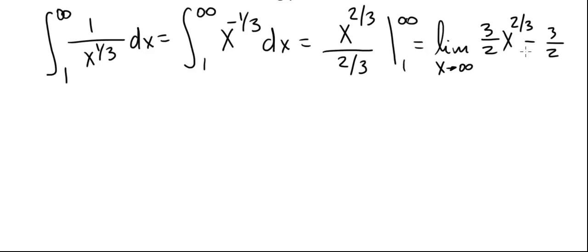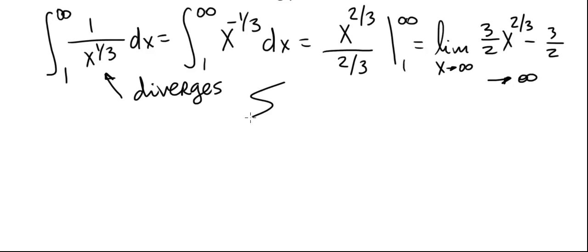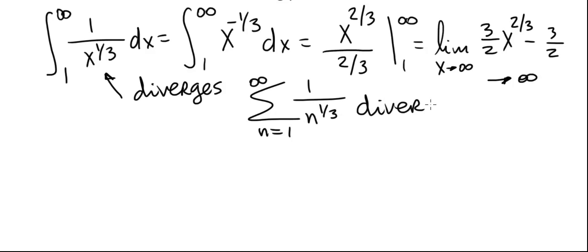Well, you can see that as x becomes larger and larger, this limit is going to infinity. The integral diverges, so this improper integral diverges, and therefore the series, summation from 1 to infinity of 1 divided by n to the 1/3, also diverges by the integral test.